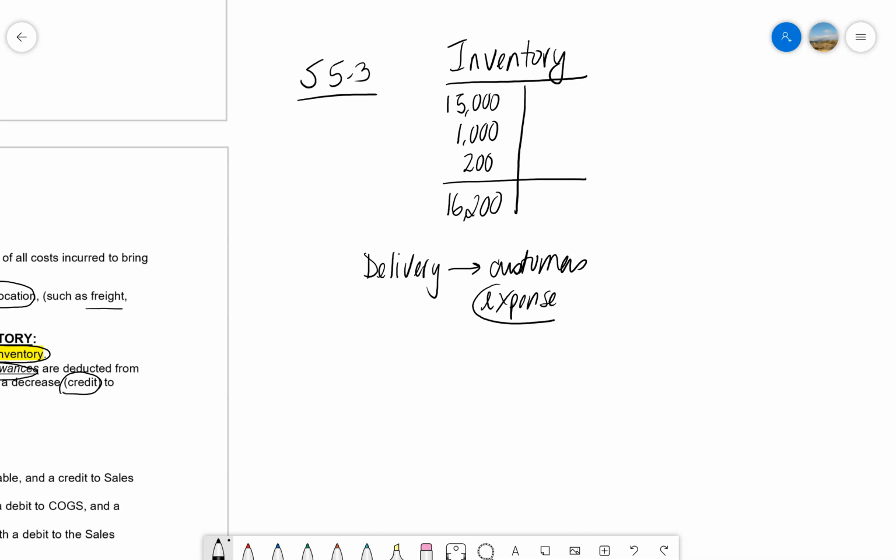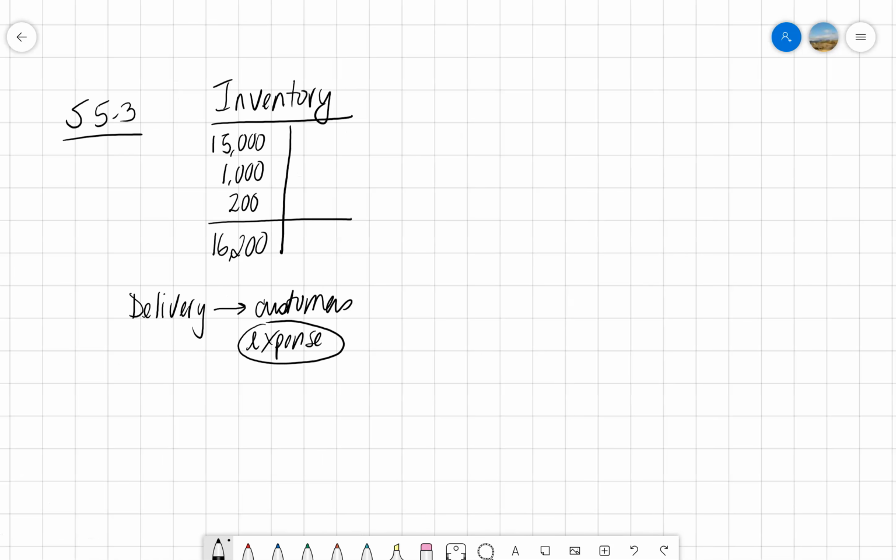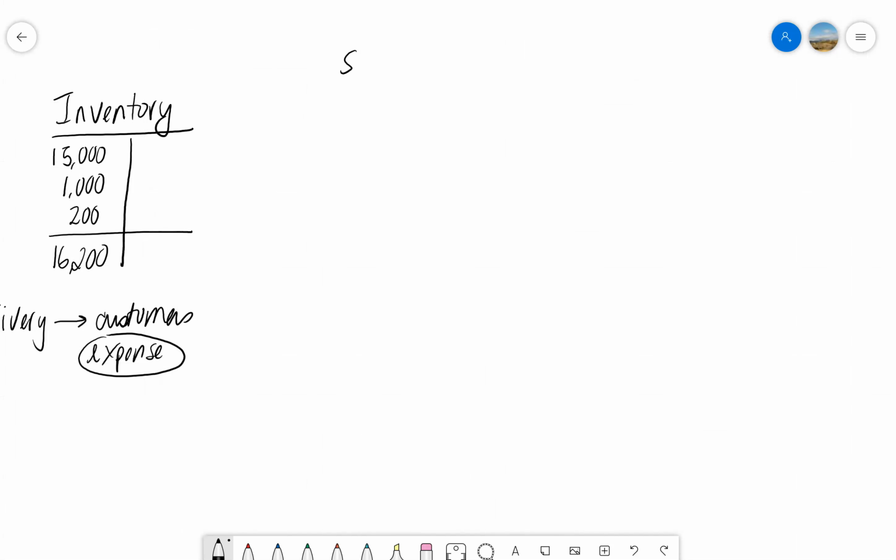So that $500 would just be recorded as a delivery expense. So debit delivery expense, credit cash. So that's how we would deal with 5-3. Now let's move on to 5-4. So in starter 5-4, what we're looking at doing here is starting to do some journal entries.